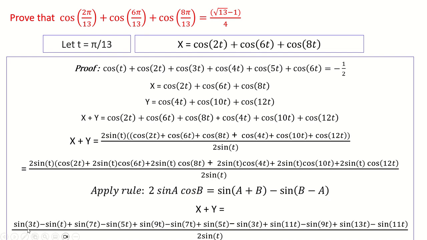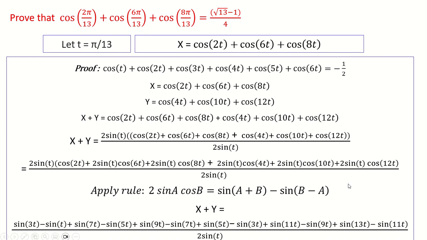Now x plus y will become, if you take the first two, t plus 2t is 3t, so sin 3t minus sin(2t minus t), that is sin t. So it will become sin 3t minus sin t plus sin 7t minus sin 5t plus sin 9t minus sin 7t, and it will go on until the last one, sin 13t minus sin 11t, divided by 2 sin t.